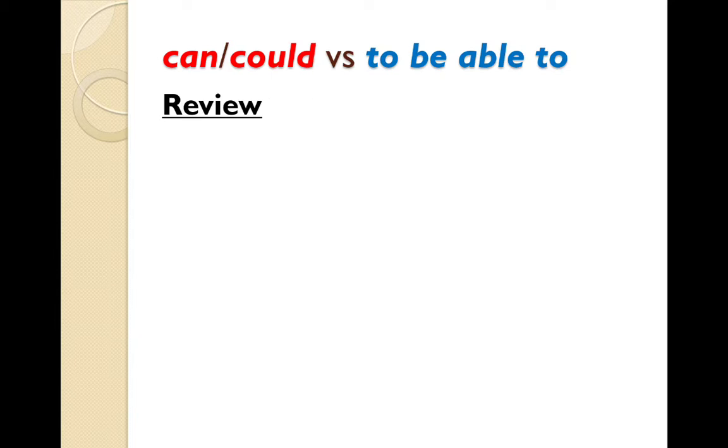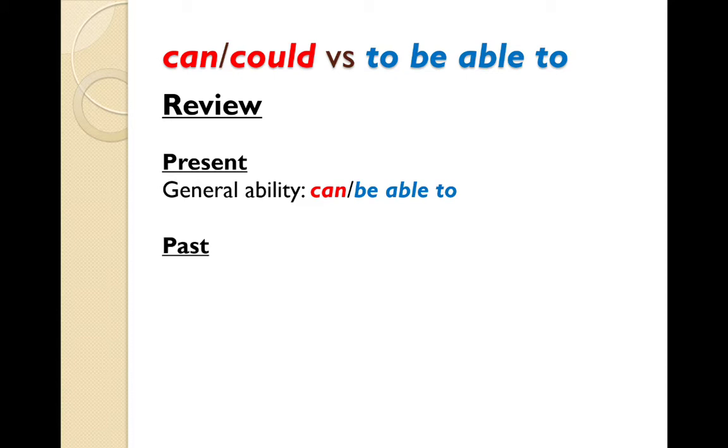So just to review or recap: in the present tense, for general ability, you can use can or be able to. Both are correct. In the past, when talking about general ability, you can use could or be able to. In this case, it would be was or were able to.